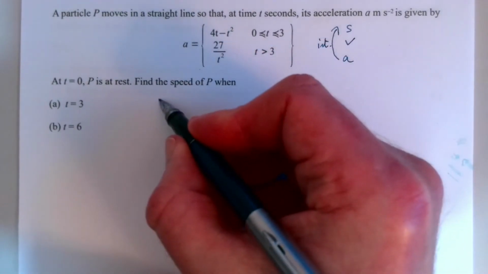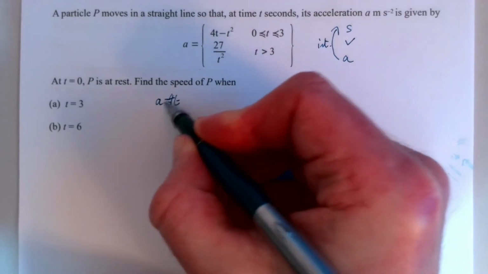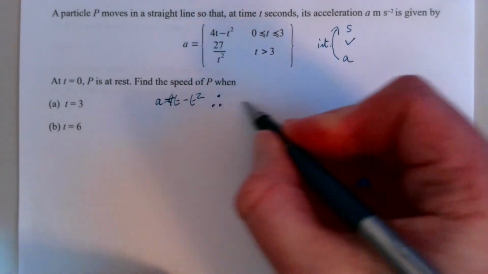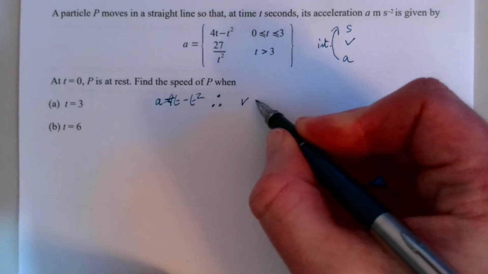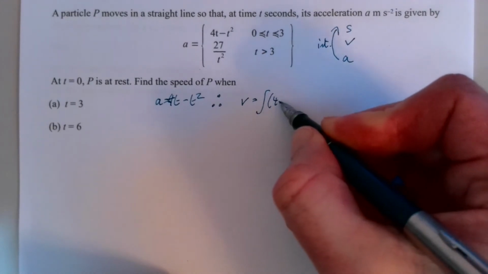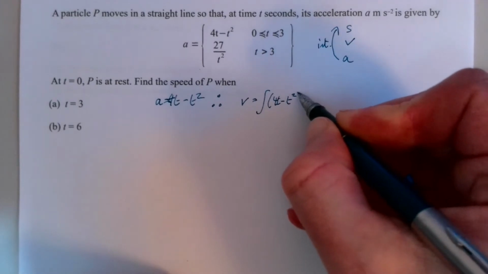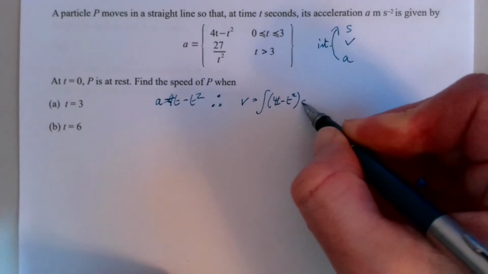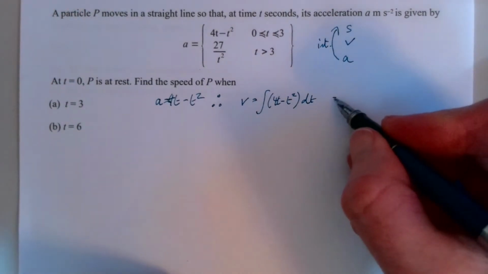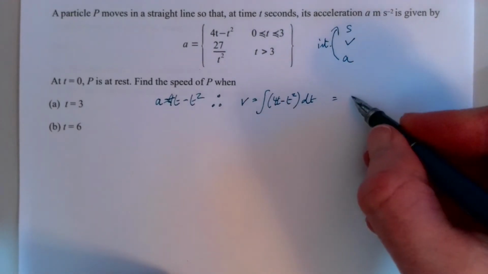So if a equals 4t minus t squared, then velocity is going to equal that, 4t take t squared, integrated with respect to t.